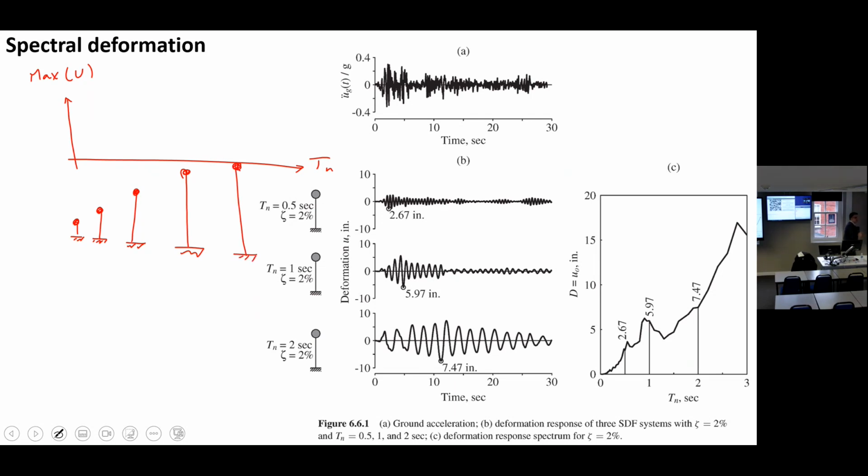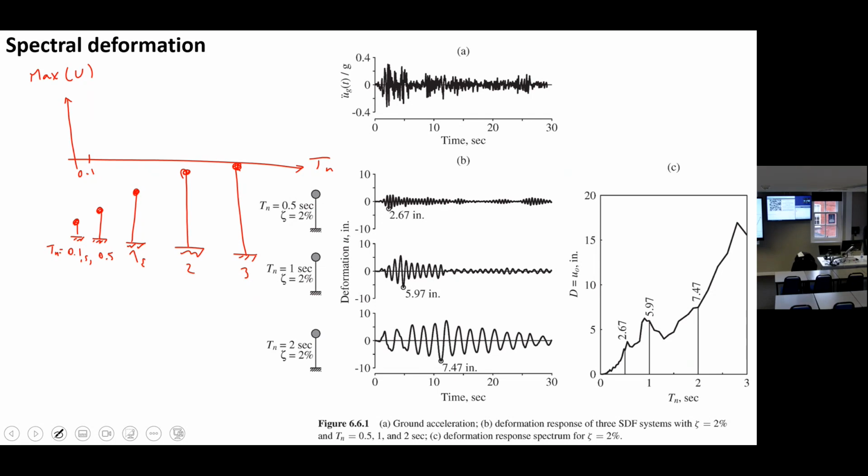I do a graph. I want to plot something, okay? Suppose that the x-axis is Tn, the natural period, and for example, here is 0.1, let's call it. This is a single degree of freedom system with 0.1 second for Tn. If my system is a little bit taller, I will get 0.5, 1 second, 2 seconds, 3 seconds, right?